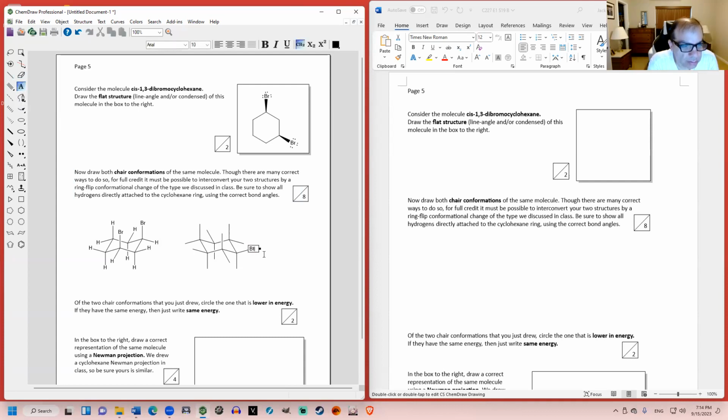So the bromine on the right will be over here, still pointing up, and the bromine on the left will be over here. Let me add my lone pairs just to make it official.